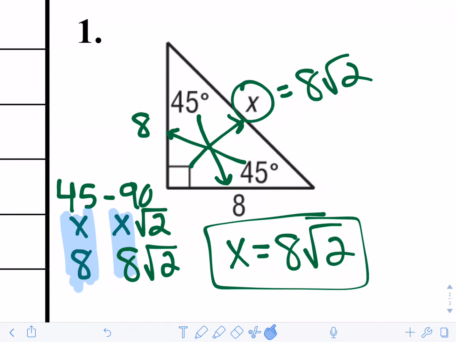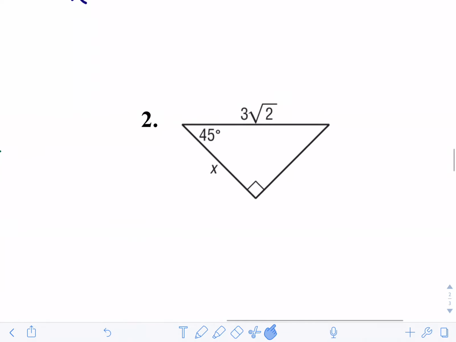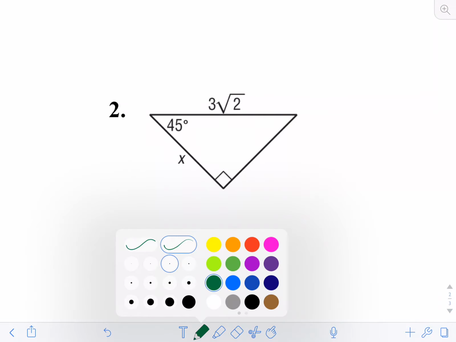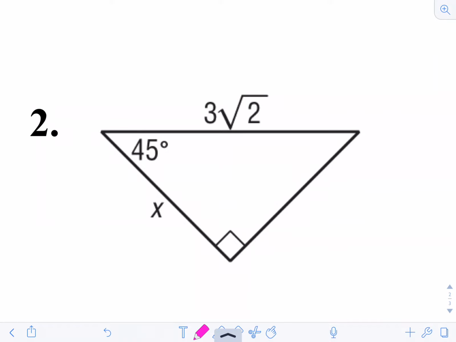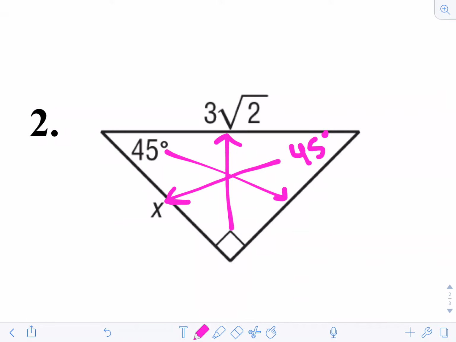Okay, we'll do a couple more to help you figure this little pattern out. So here's number 2. All right, first thing you need to do is you need to keep filling in your triangle. So if that's 45 and that's 90, I know this is 45 degrees. Okay, across my 45s I have x's. Across from my 90 is 3 square roots of 2. So this is what I know.